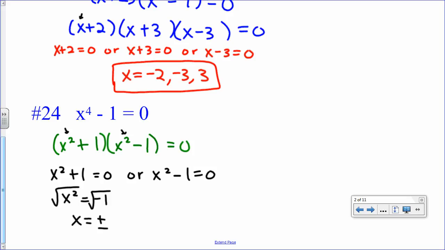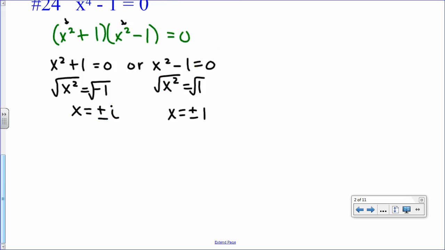And then what is the square root of negative 1? I. So plus or minus I. Then on this one, you add 1 and take the square root. So plus or minus 1. So there are my 4 solutions. Plus or minus I, plus or minus 1. So you can leave it like that, it's fine. If you want to write it together, that's fine.